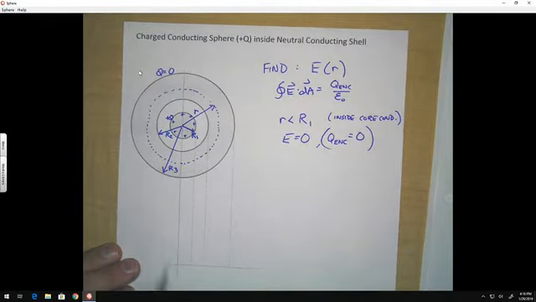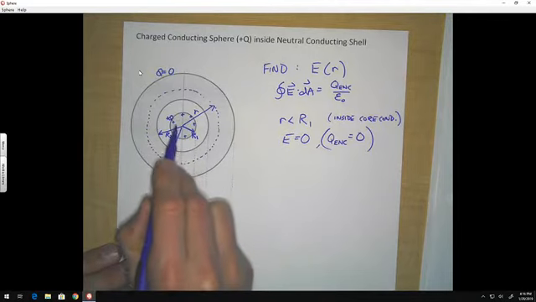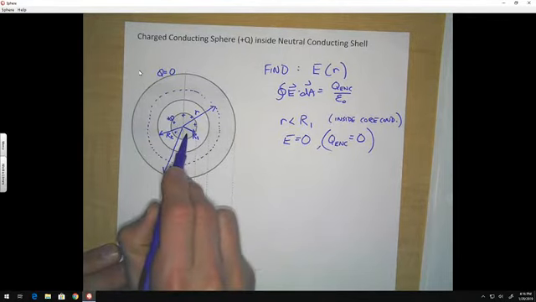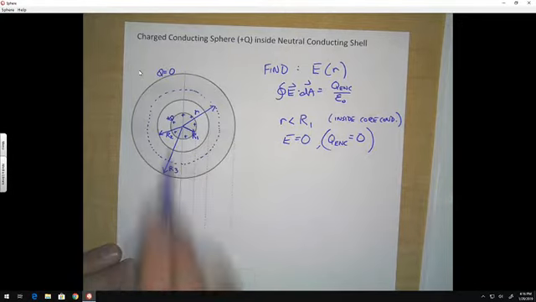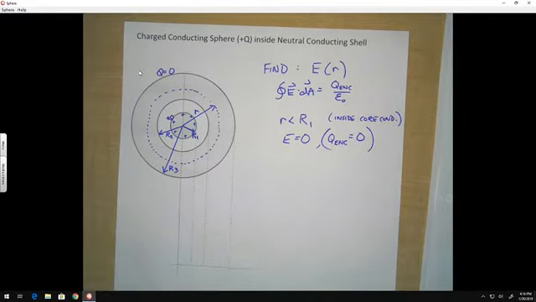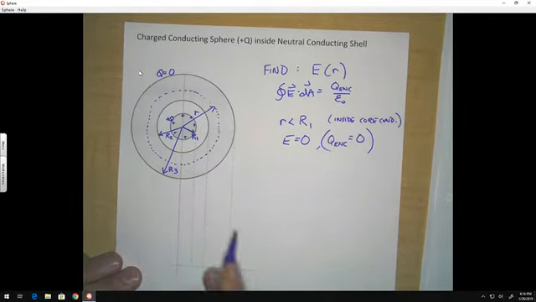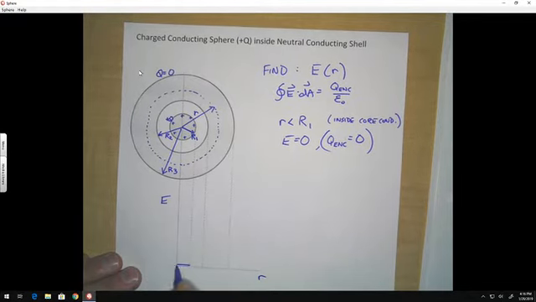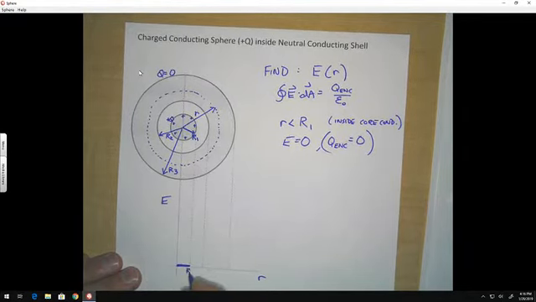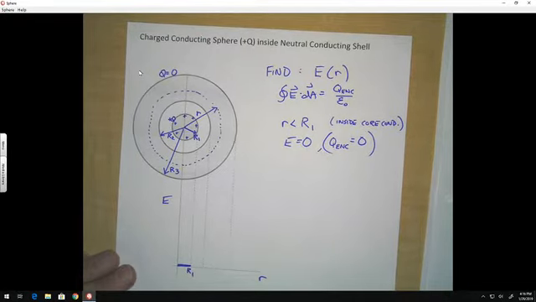If you draw a Gaussian surface inside of this little object, it will contain no net charge, because all of the net charge goes to the surface. So when we make our graph here of E versus r, when I go out to r1, the electric field is just a neat 0.